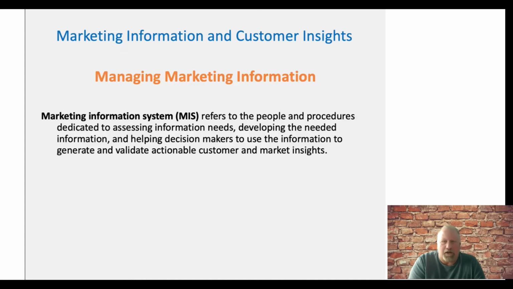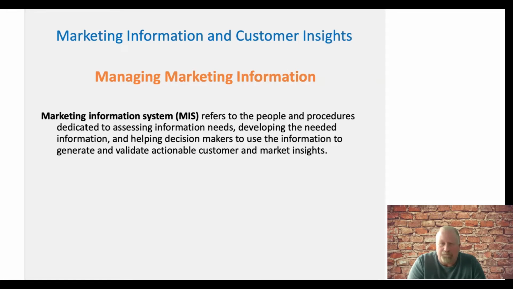So let's start off by defining what managing marketing information is. This just talks a little bit about our book's discussion of what we call the marketing information system. This refers to the people and procedures dedicated to assessing information needs, developing the needed information, and helping decision makers to use the information to generate and validate actionable customer and market insights.